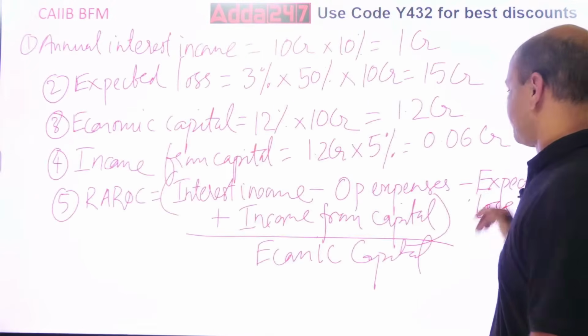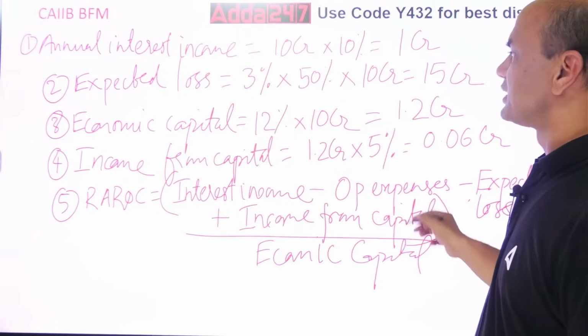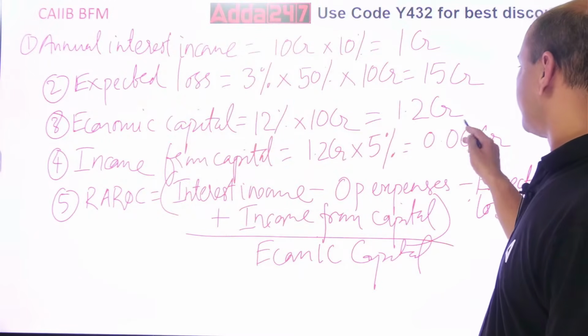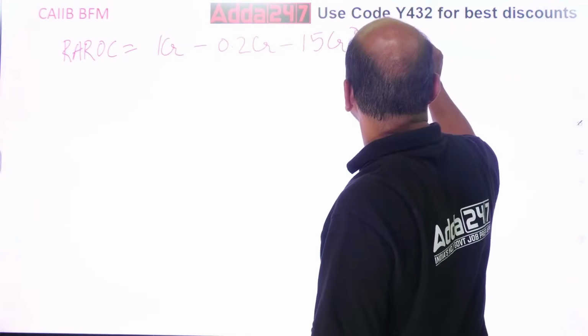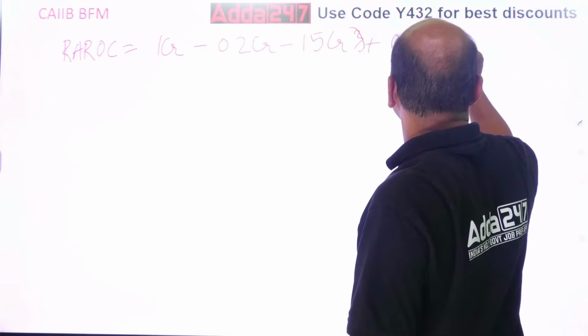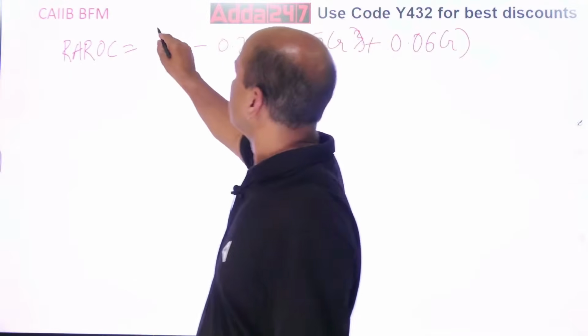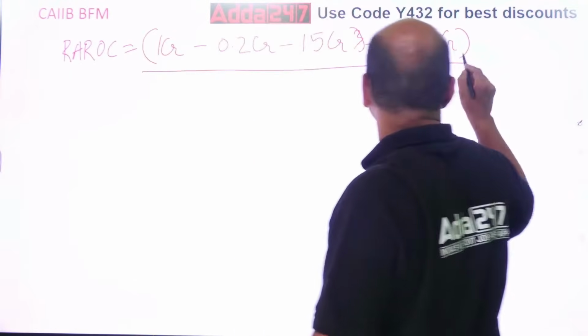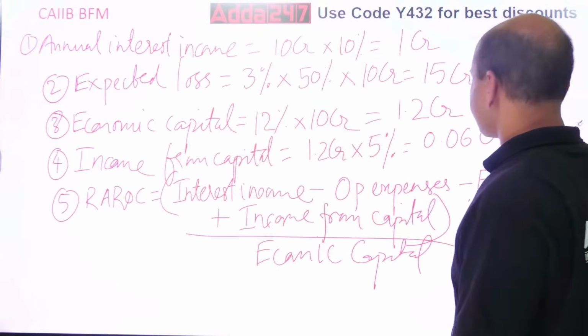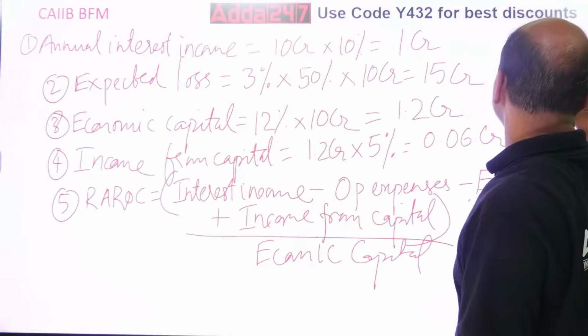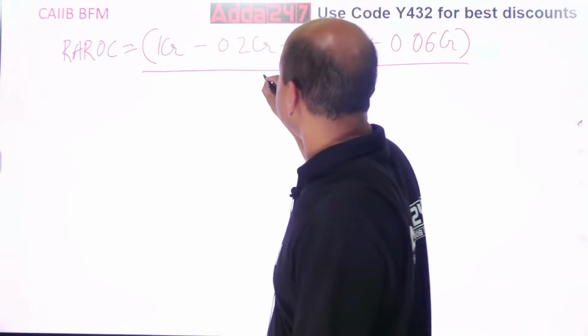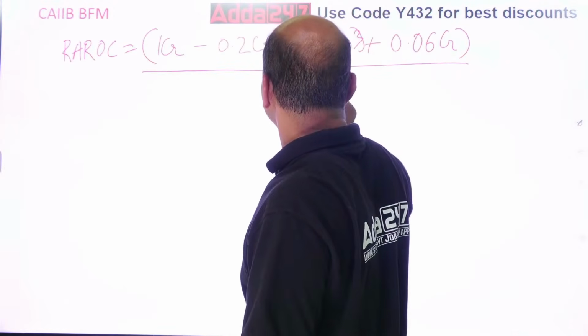What is plus? Income from this. So income is what? 0.06 CR plus 0.06 CR. The whole upon, what is it? The whole upon economic capital. What is the economic capital? 1.2 CR. Upon 1.2 CR. Do this now.